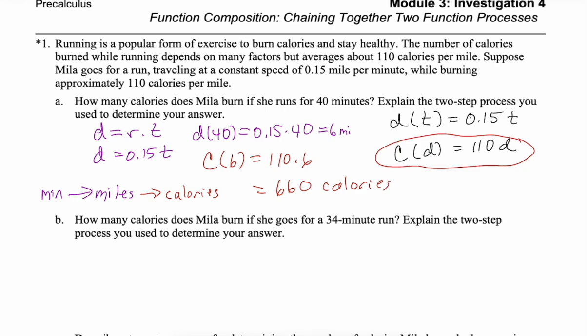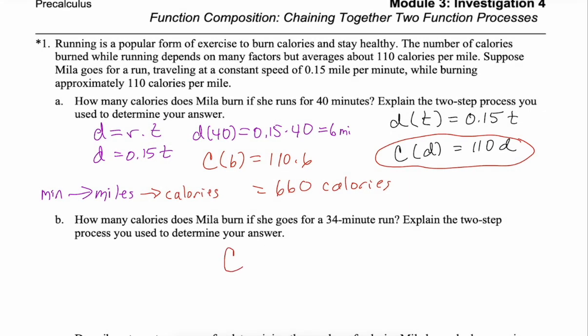So you'll notice this was a two-step process. I started with the information about distance, rate times time. I started with minutes. I converted that to miles, and then the miles became calories. So that's going to lead us now to B, okay? So I'm going to write it a little differently this time.